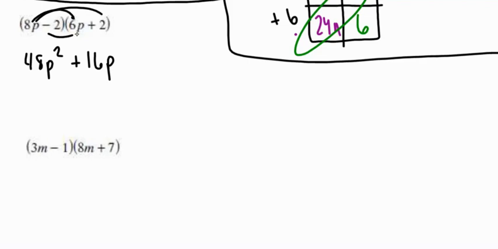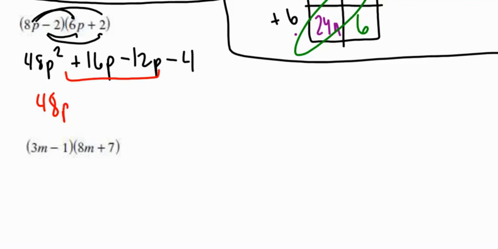Here, just be sure this term in the first binomial is a negative 2 times 6p, which is a negative 12p. And a negative 2 times a positive 2 is a negative 4. Combine like terms. I have 48p squared, 16p minus 12p gives me a positive 4p, minus 4.